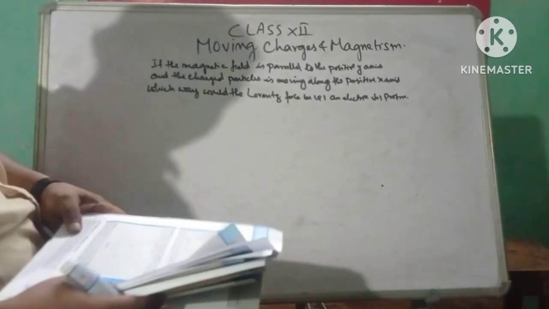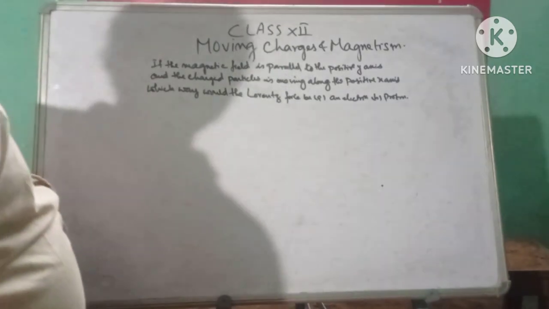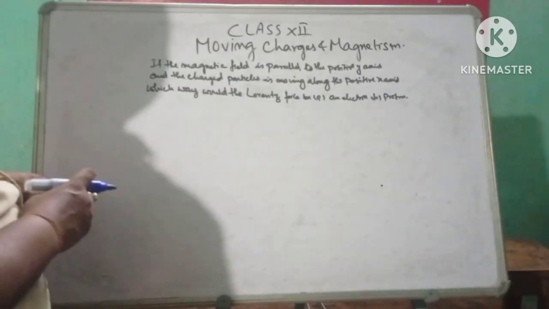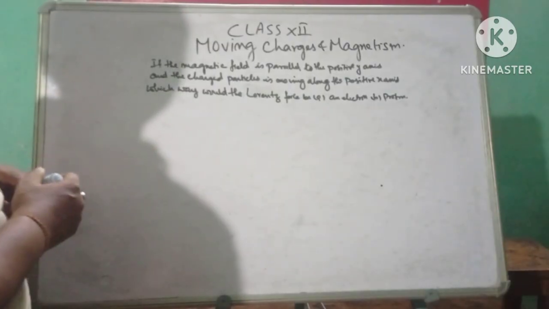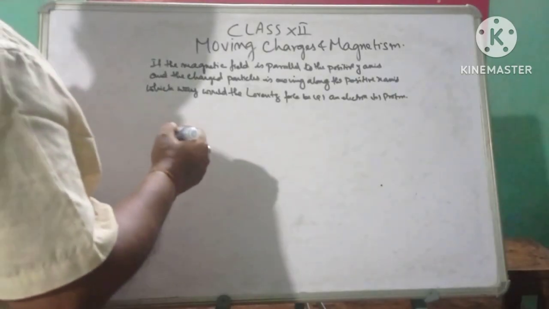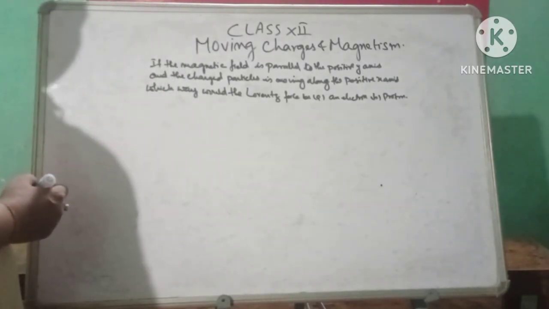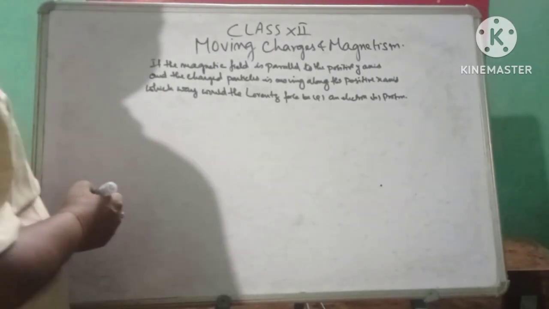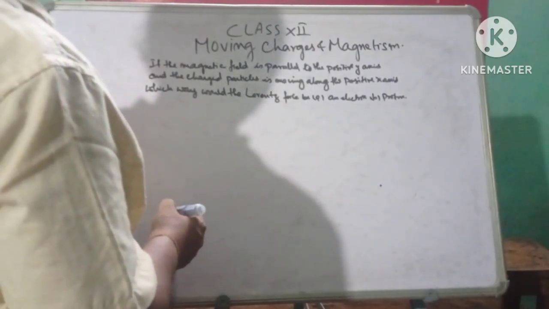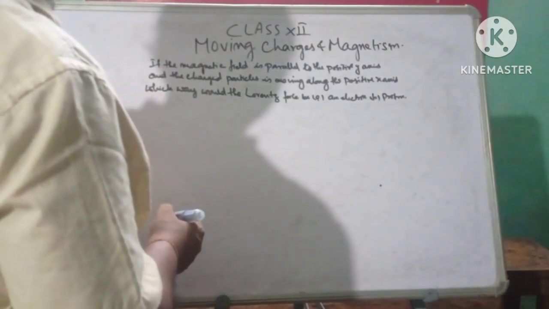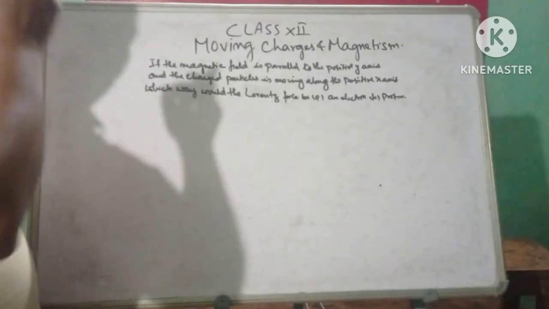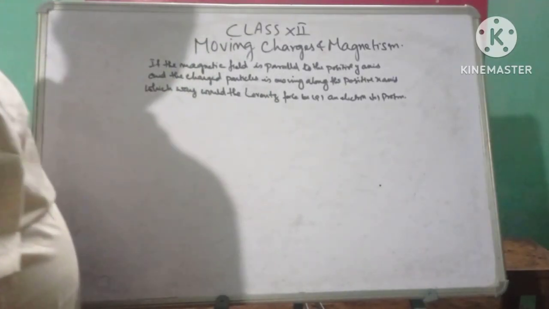So here, if the magnetic field is parallel to the positive y-axis and the charged particle is moving along the positive x-axis, which way would the Lorentz force be for an electron and for a proton?